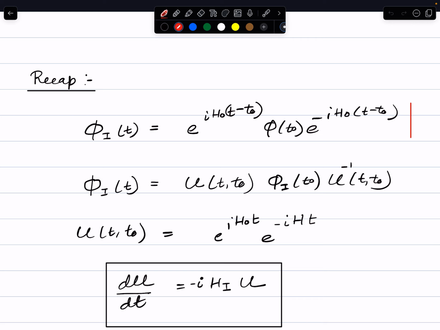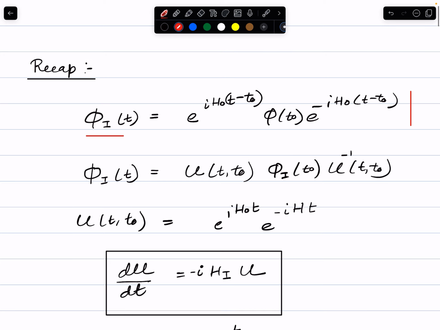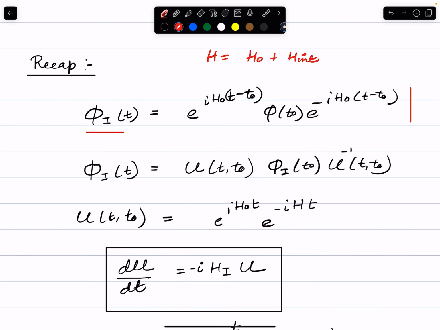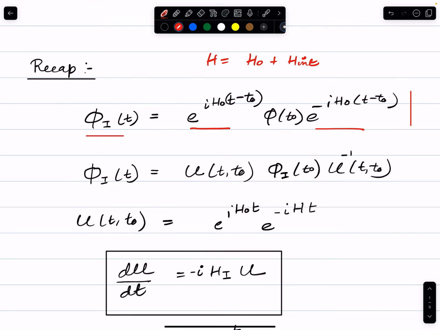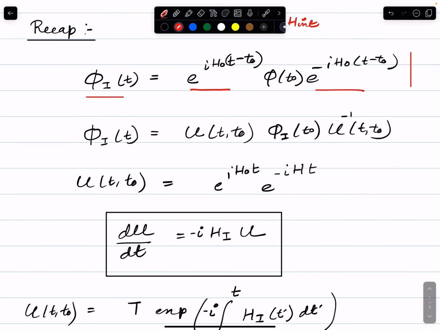If you have a Hamiltonian which has a free part and an interacting part, then this is the free part that goes here.